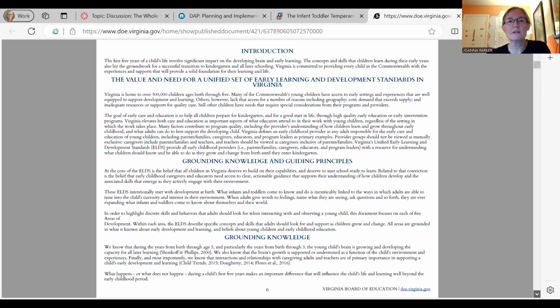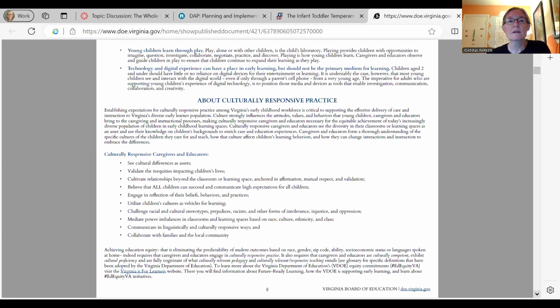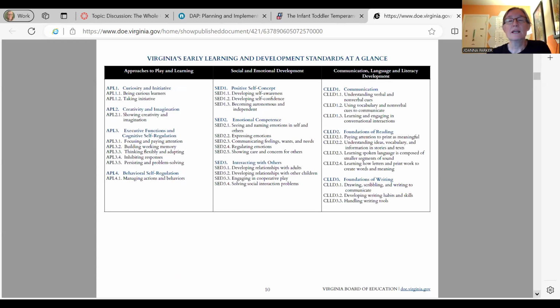So if we look at our early learning standards, we have our main domains, right? There are 5 central domains that are discussed really in all state early learning standards. We have approaches to learning, which looks at children's curiosity, engagement, and persistence.